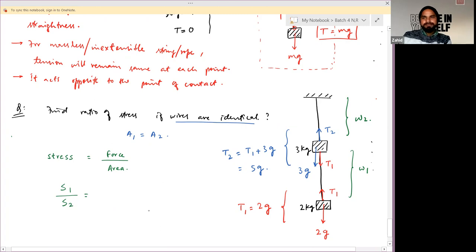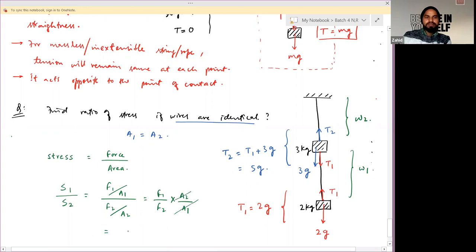Okay, Khalid. Thank you, sir. So force divided by area divided by force divided by area. If you rearrange it, you will get F1 over F2 into A2 over A1. As area of cross section is the same, this and this will cancel out. T1 is equal to F1 and T2 is equal to F2.